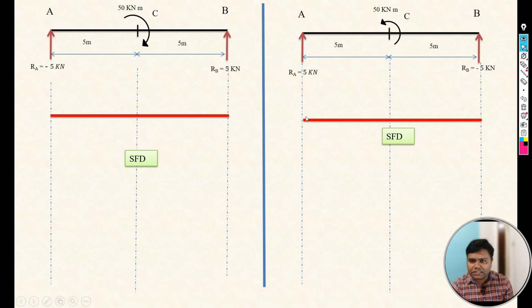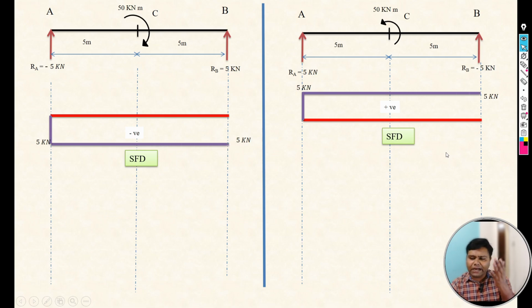But in this case the shear force diagram goes positive because RA is positive. This is downward and this is upward, okay. Now at B left, for the first case it is constant, and here also it is constant, so it will go constant up to B left, and after that it will be closed, okay.